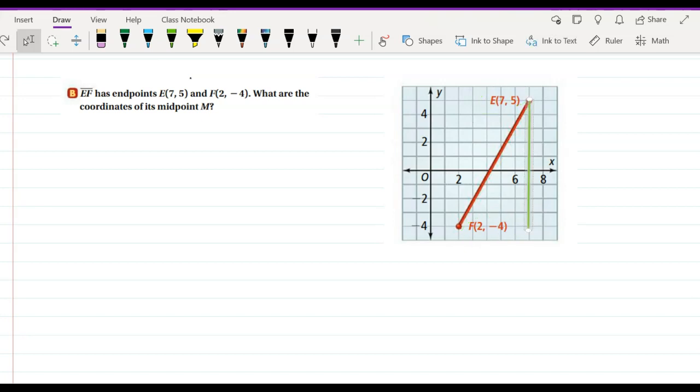That helps me visually, so I can see the points right here. So I'll say my Y value is 5, and then over here my Y value is negative 4.